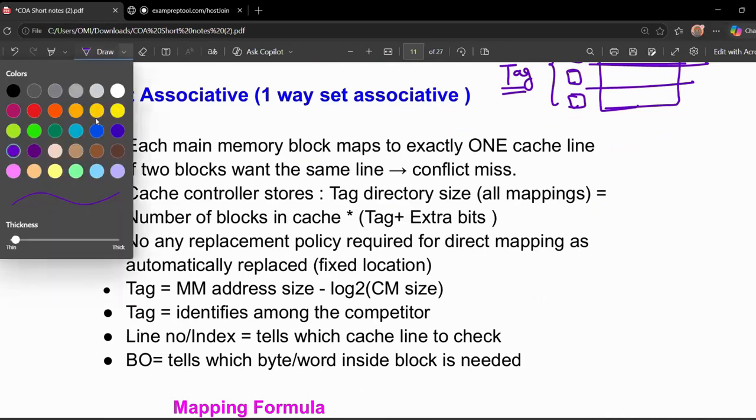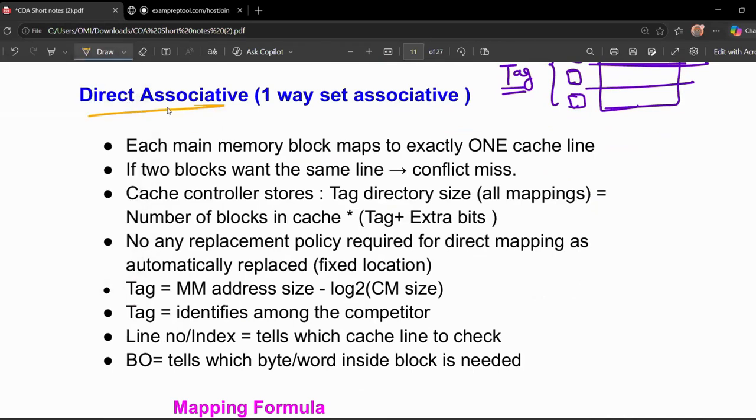So what is direct mapping? Direct mapping you can also call one-way set associative, meaning one set will have one line.